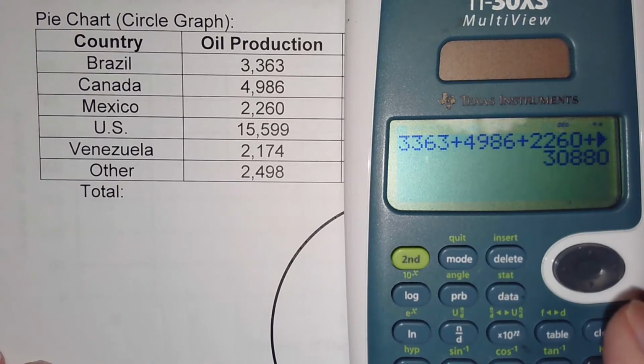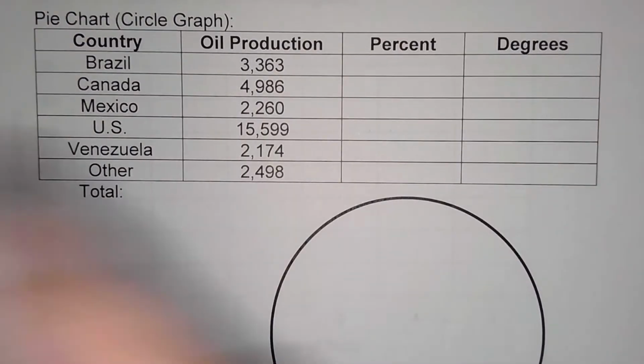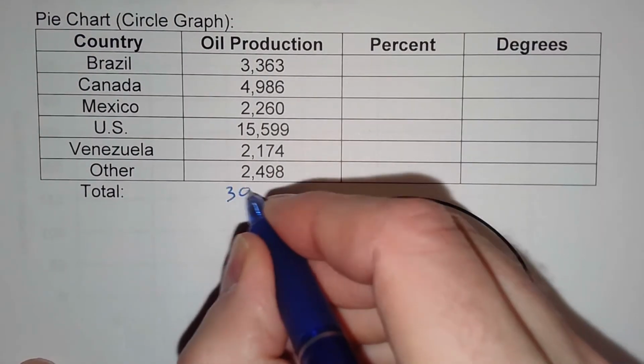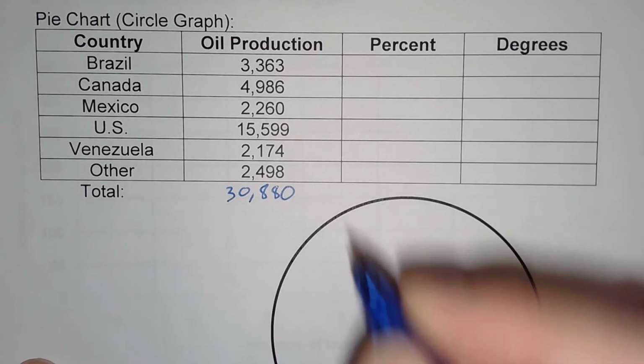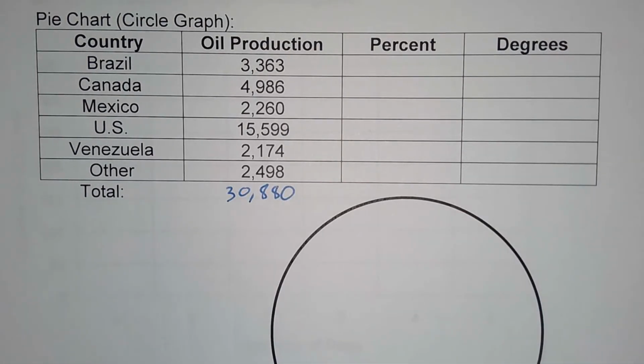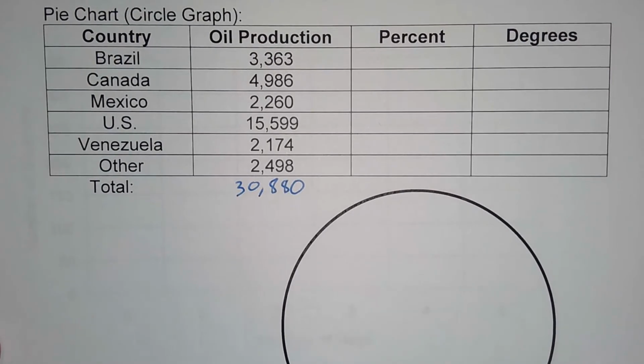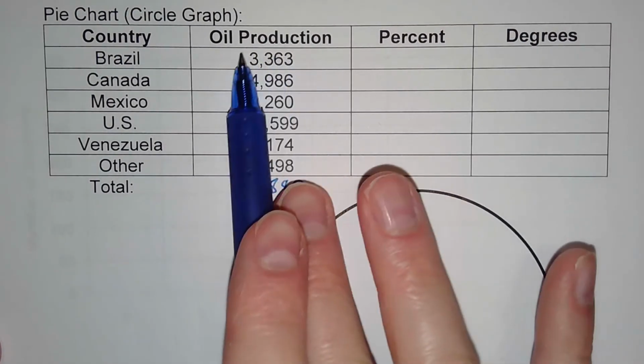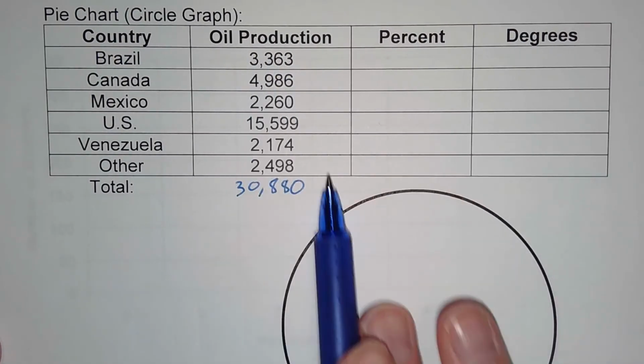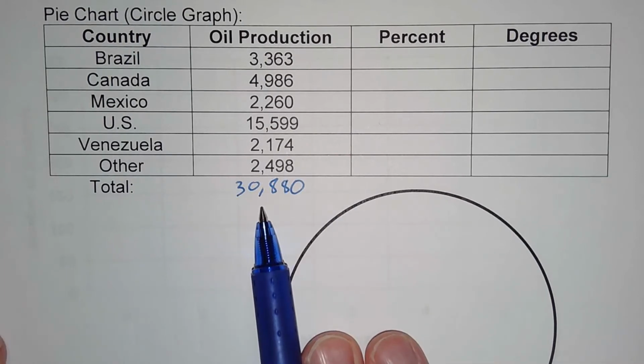So that gives us 30,880. Now in order to figure out the percent for Brazil, I'm going to take the oil production from Brazil, divide it by this number, and multiply by 100%.